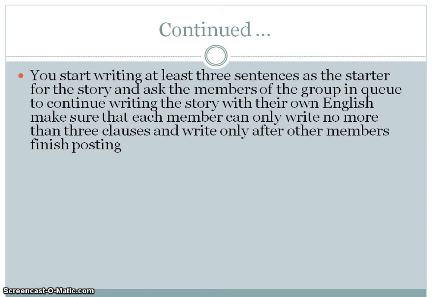Make sure that each member can only write no more than 3 clauses. This is to give similar opportunities for everyone to contribute to the storytelling, and that everyone needs to write only after other members finish posting.